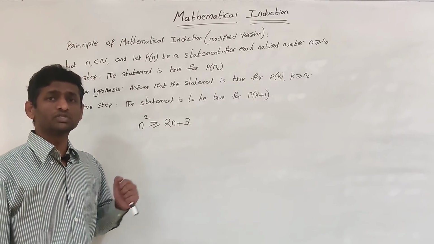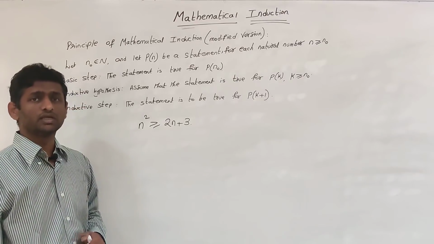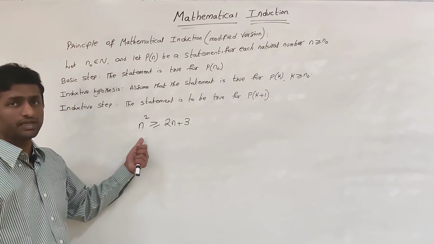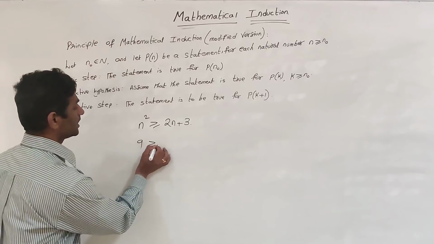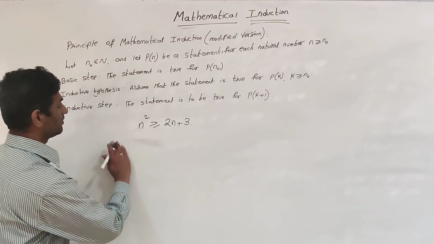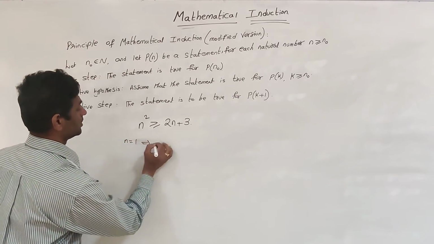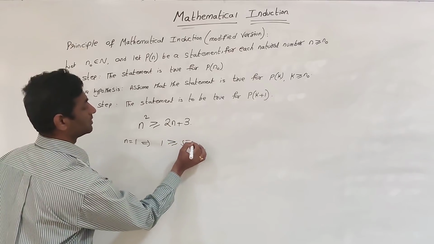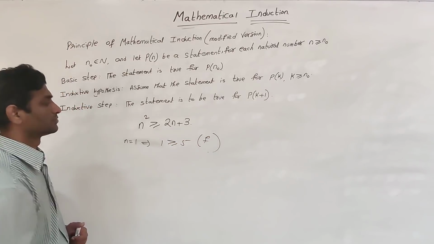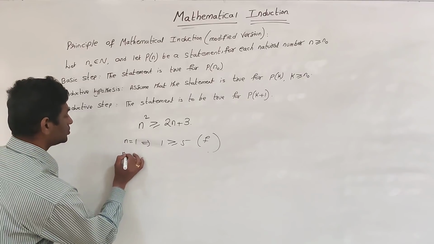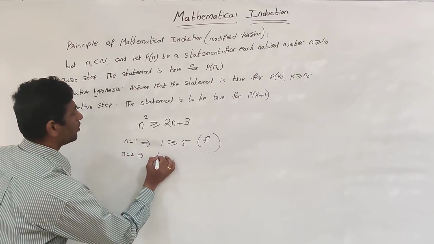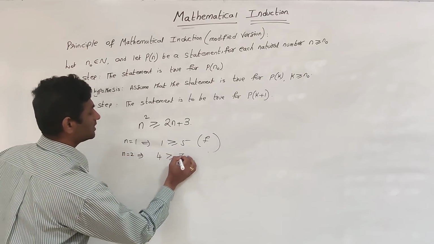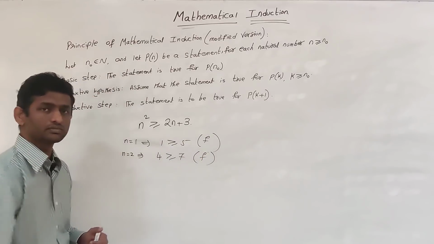If I go for n equal to 3, then 3 square is 9. Previously, for n equal to 1, 1 is greater than or equal to 5, which is false. For n equal to 2, 4 is greater than or equal to 7, again false.